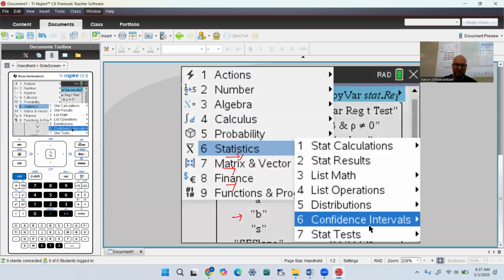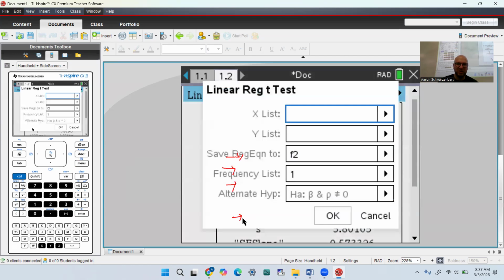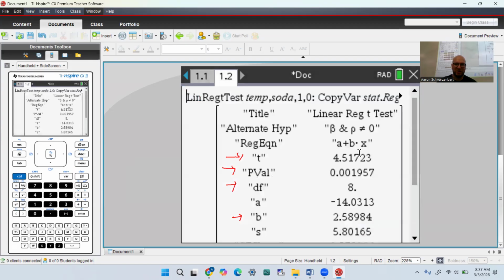Here, let's take a look. Okay, the frequency list default is one. It's not equal to zero.